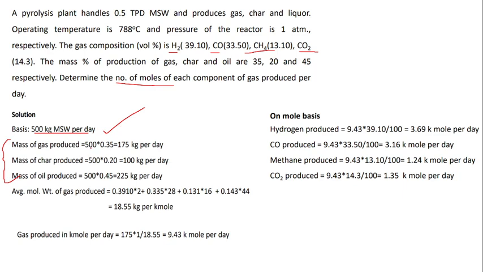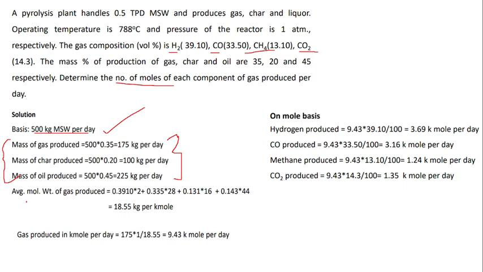So out of the 500 kg, 35 percent means 175 kg is the gas produced. Out of 500, 20 percent means 100 kg of char is produced. And out of 500, 45 percent means 225 kg of oil is produced. Okay. So if you add this, you will obtain 500 kg totally.